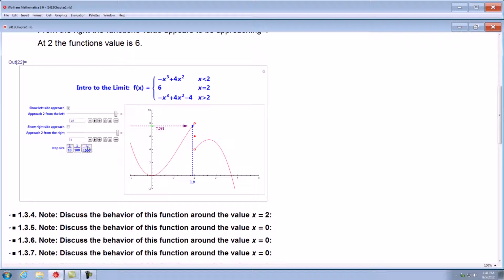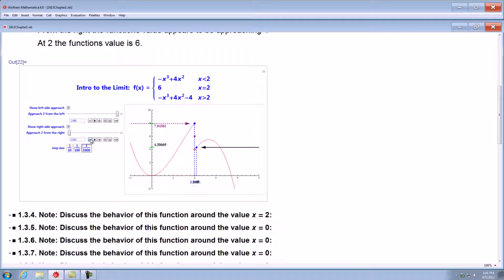And let's go pretty fine here. It looks like it's approaching 8 as I approach from the left. As I approach from the right, the value of the function appears to be approaching 4 again, right? So I can start moving closer and closer.